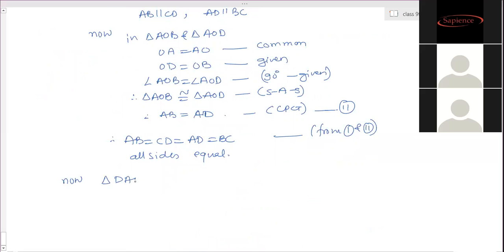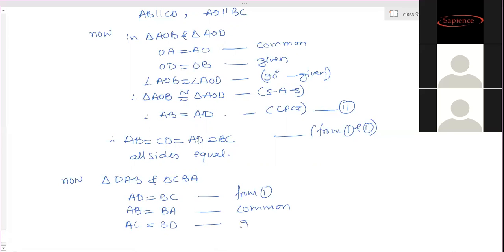Triangle DAB and triangle CBA. AD is equal to BC from 1, then AB is equal to BA, that is common, and AC is equal to BD, given.